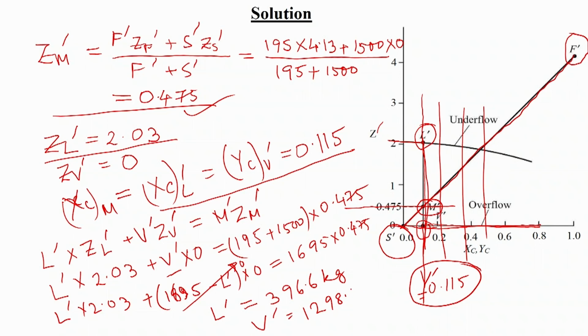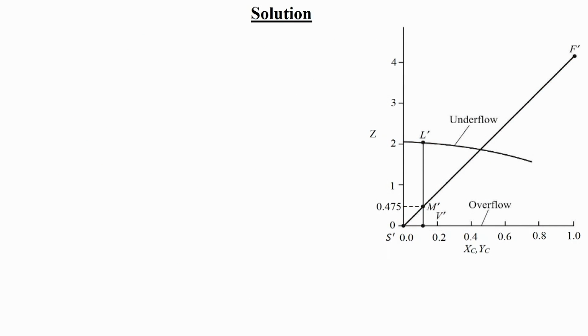1298.4 kg. Okay. So, the mass of this overflow, that is V prime, is 1298.4 kg. Okay. Now the fractional oil recovery.